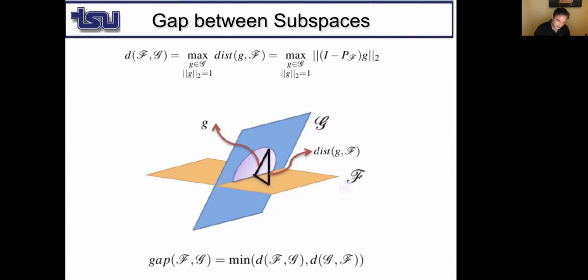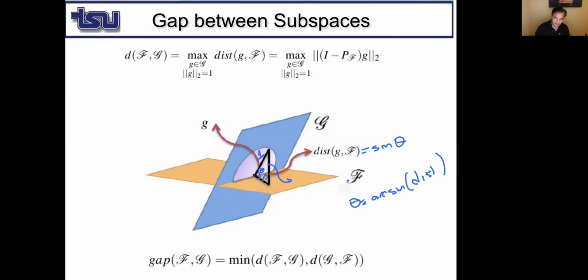So if you guys look here, let's use blue. This angle is, this is orthogonal, okay, and we know this is 1. Then this must be what? If this is theta, this is equal to sine theta, okay? So theta will be arc sine of the distance between F and G.